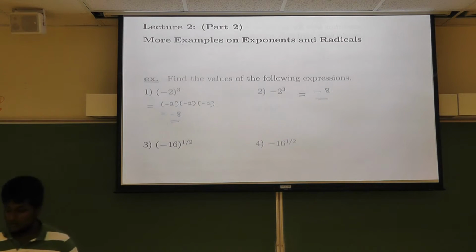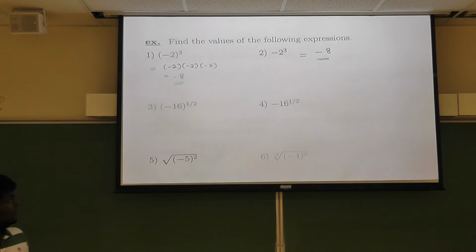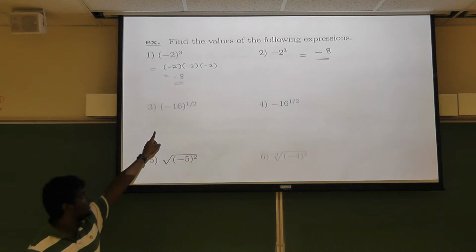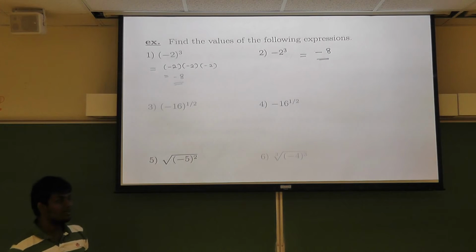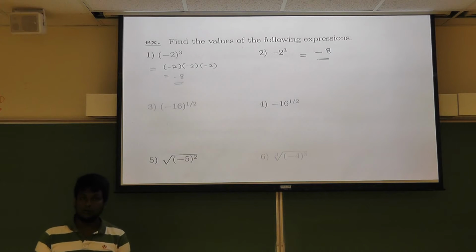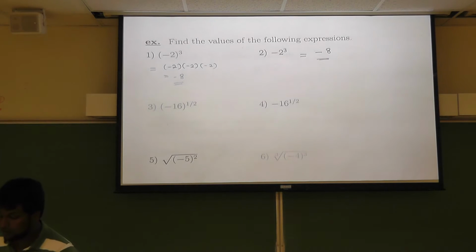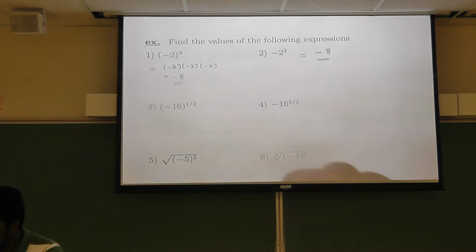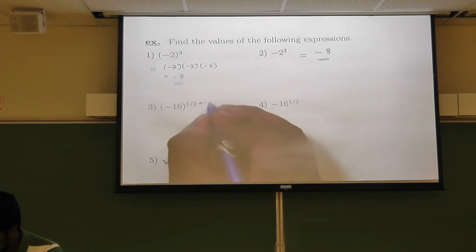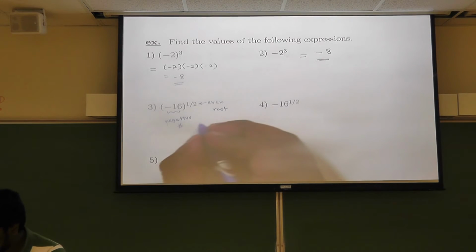Now let's see this third example. It's a negative number inside, and the exponent is fractional, which means it's a root, and further it's an even root. So we have an even root of a negative number, which is not a real number.